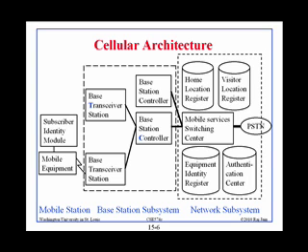Is the mobile switching center something that occurs in actual hardware, or is it completely wireless? Is the signal converted to a line? Okay, so this is all a wired network.